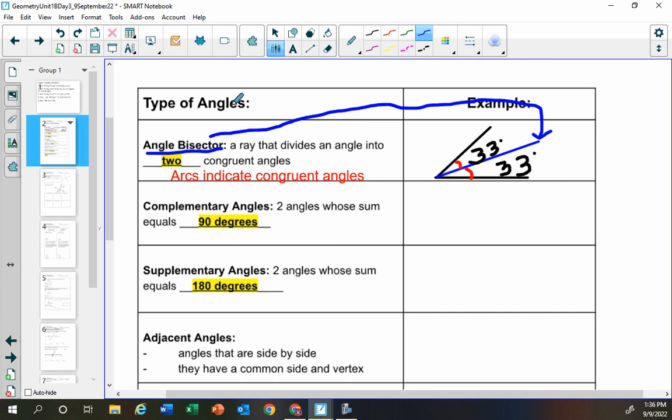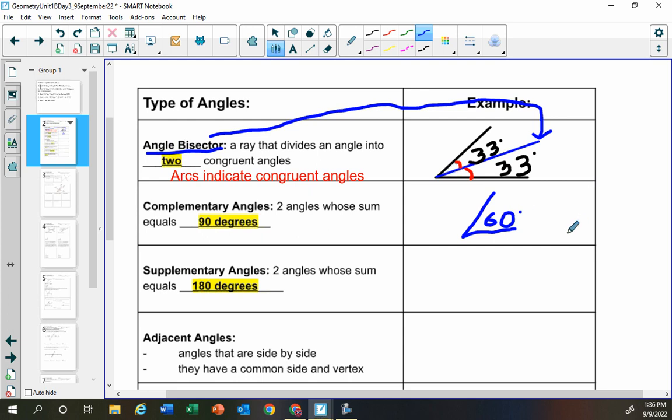All right. Next thing, complementary angles. The sum of the two angles is 90 degrees. Let's give you an example. Let's say my first angle is 60 degrees.